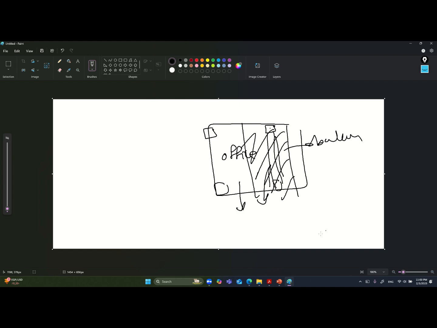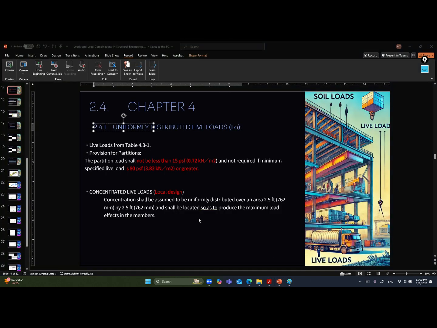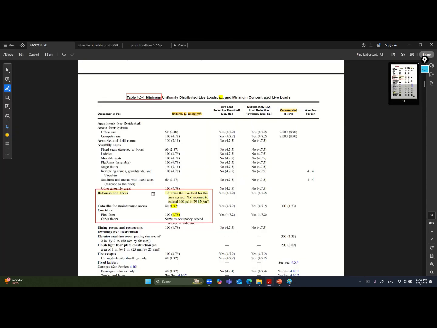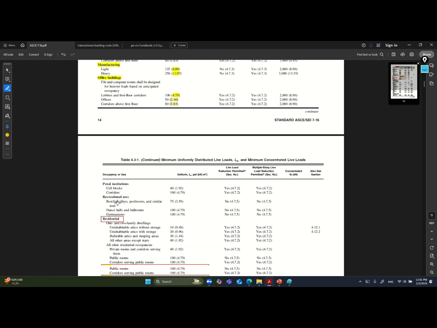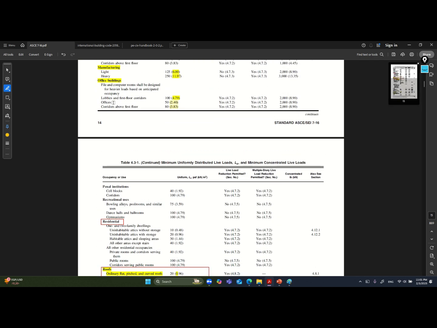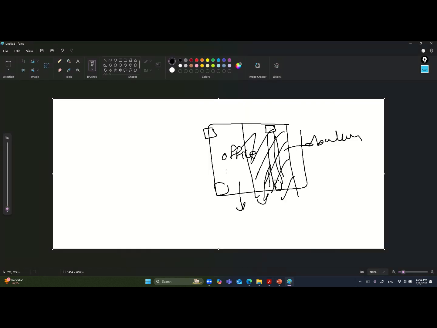And the live load here, as I recall, let me see the offices. Office buildings, lobbies, and the first floor corridor is 4.79. Offices 2.4. So for the offices I have a value of 2.4. But for the balcony it will be 1.5 multiplied by 2.4.